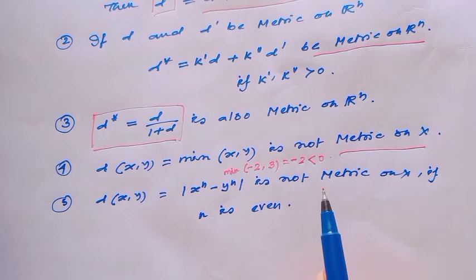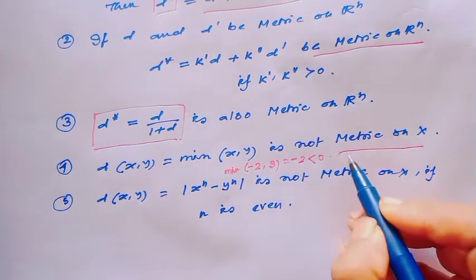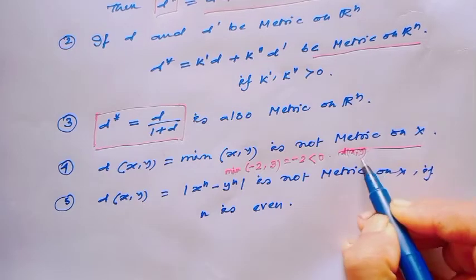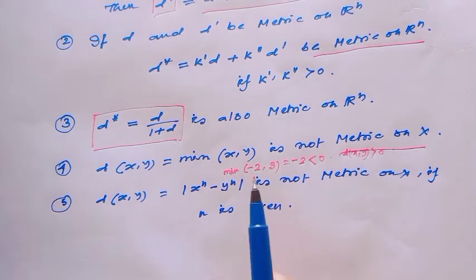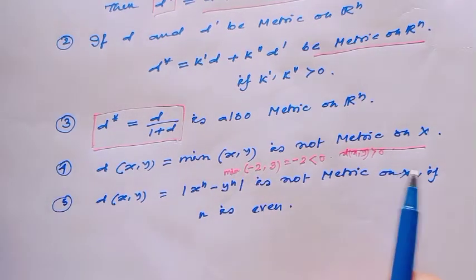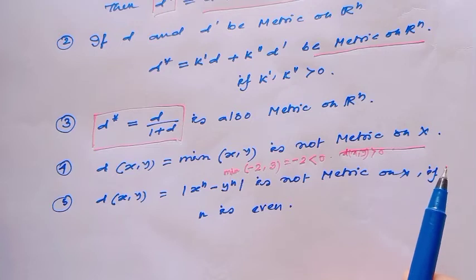Therefore, this breaks the rule that D of xy is always greater than or equal to 0. So D of xy equal to minimum of x comma y is not a metric on X.